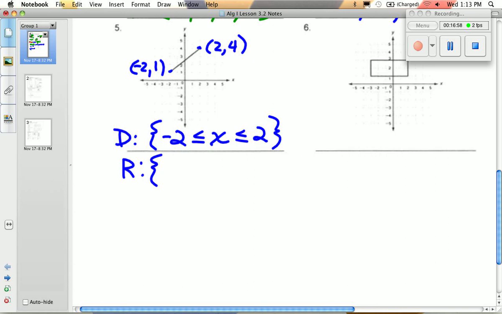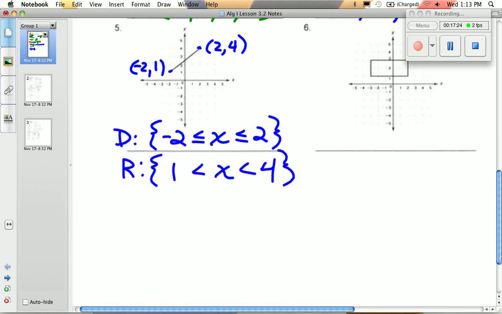Okay, what's the range? Shelby? X is greater than 1, 1 is less than x, and x is less than 4. So like that, did I write it the way you meant? Agree? Disagree? Oh, we got some disagreement going on.